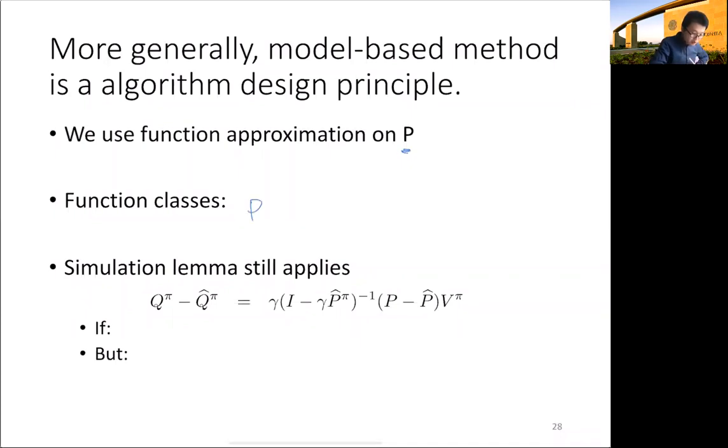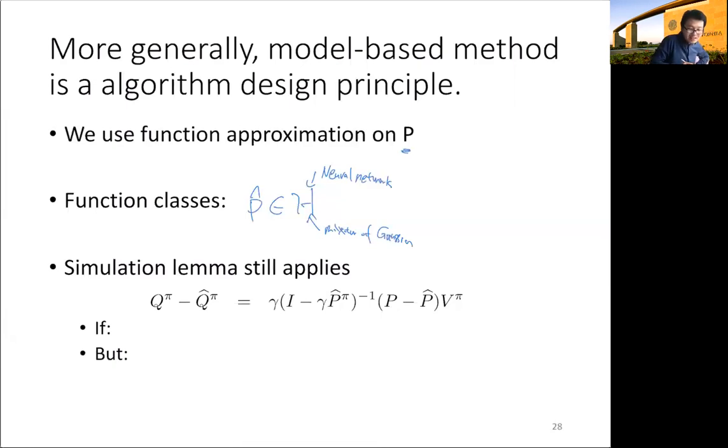Say we can choose P hat to be inside the function class. This could be a neural network, or for those generative neural networks, say it could be a GAN. It could be a mixture of Gaussians and so on. That gives us this conditional distribution approximation, right?